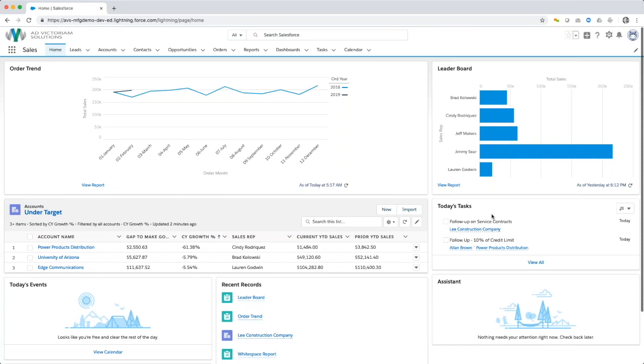Another, what I would call low-hanging fruit based off of that data, is the leaderboard. Sometimes in traditional sales organizations, you see this based off of opportunity data, opportunity closes. However, in manufacturing distribution, often the opportunity is for a relative amount of business, while what you're truly measuring is the sales that are coming in.